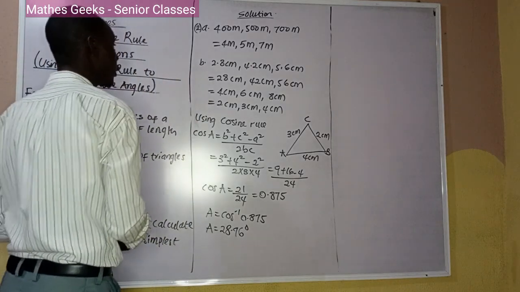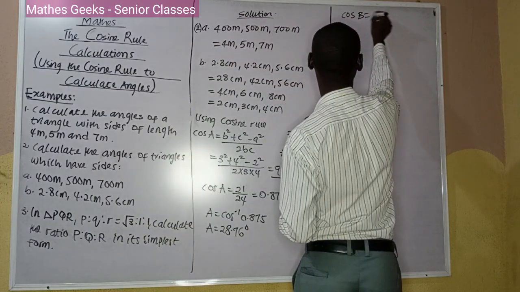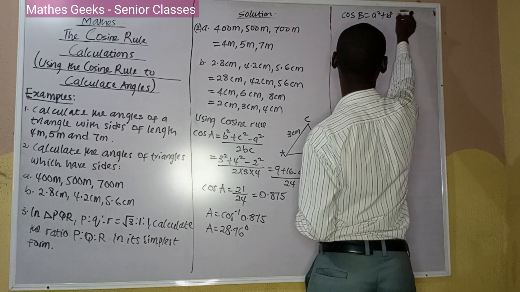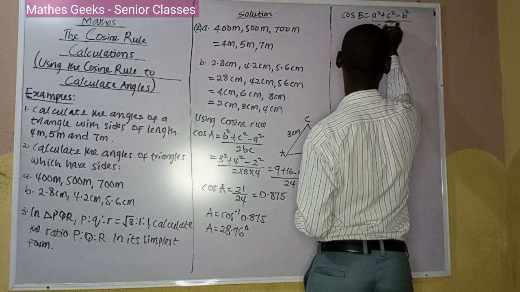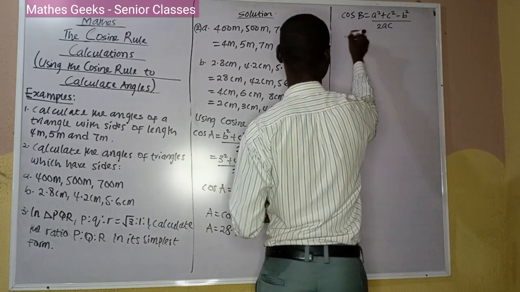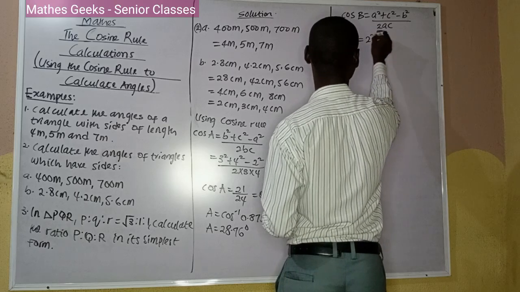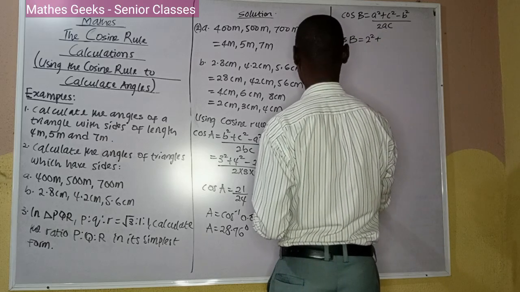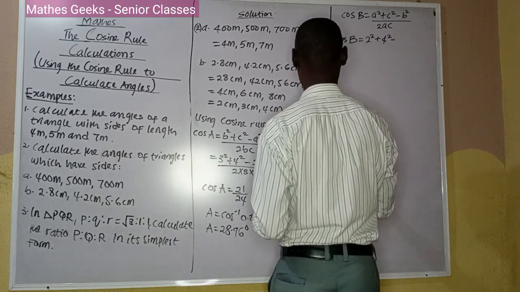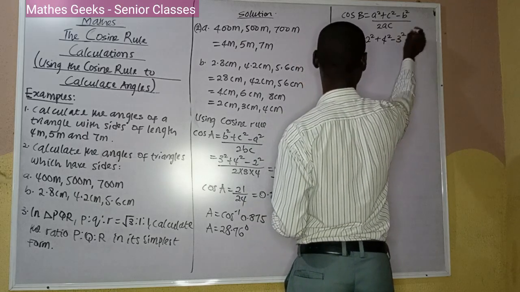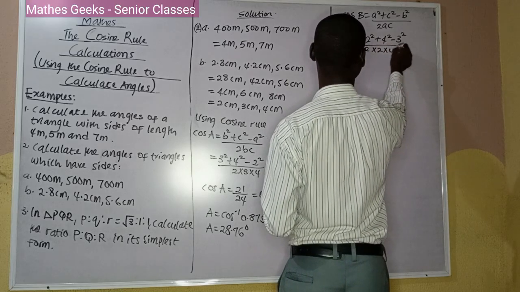So let's get the value for angle B. Cos B is equal to A squared plus C squared minus B squared over 2AC. So cos B is equal to 2 squared plus 4 squared minus 3 squared over 2 times 2 times 4.